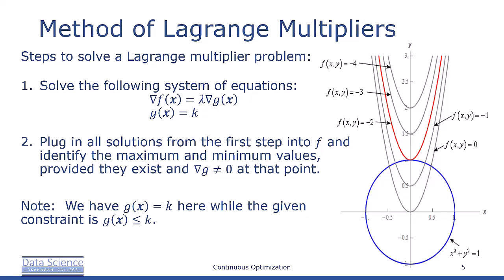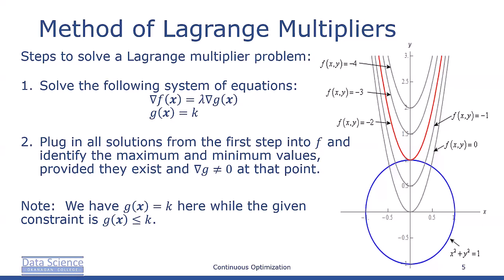Now let's think about this in terms of a three-dimensional vector x. When we look at this, it looks like there's only two equations. In fact, if you have n variables, it's actually n plus 1 equations. Our first equation, in terms of gradients, if x is x1, x2, x3, we really have the derivative of f with respect to x1 equals lambda times the derivative of g with respect to x1.